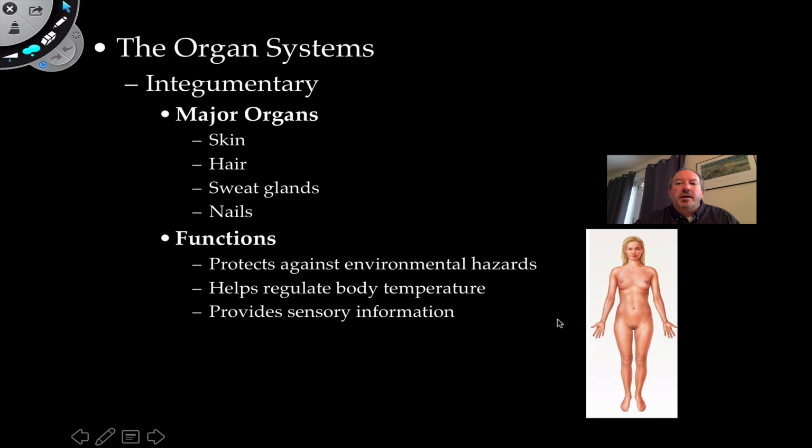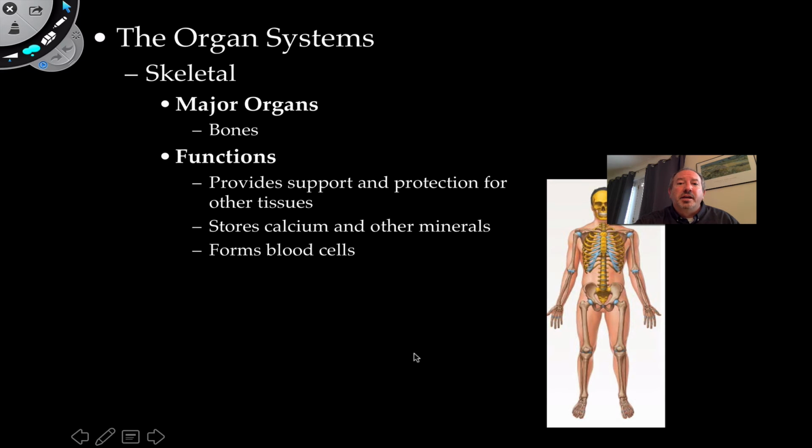And it helps to regulate body temperature. The lower levels of the skin have adipose tissue, in other words a lot of fat, which helps us to insulate. And also the skin has sensory neurons that help us perceive and sense the world and get information from the outside.